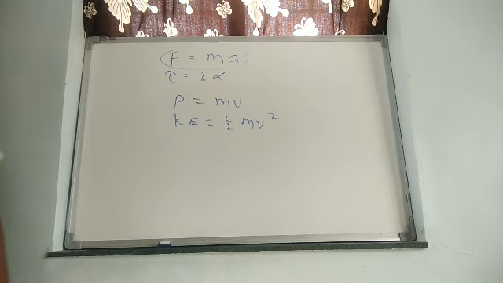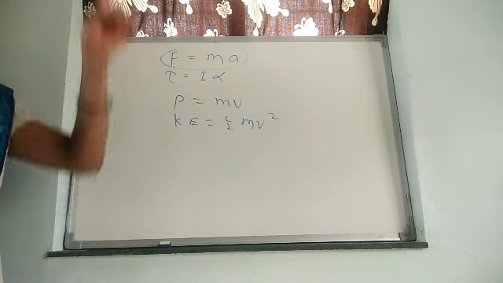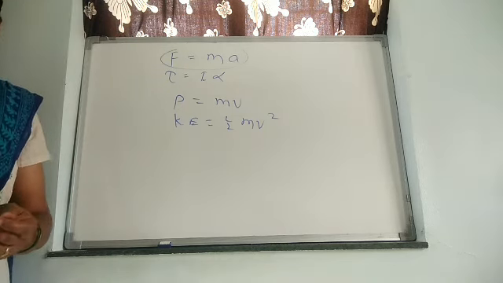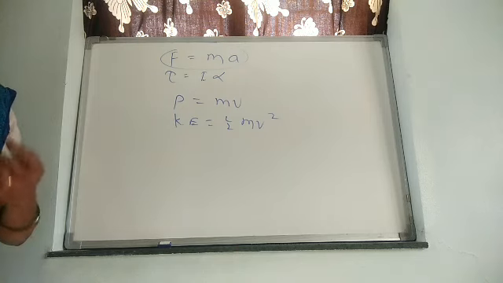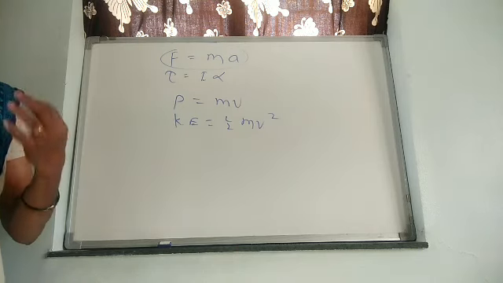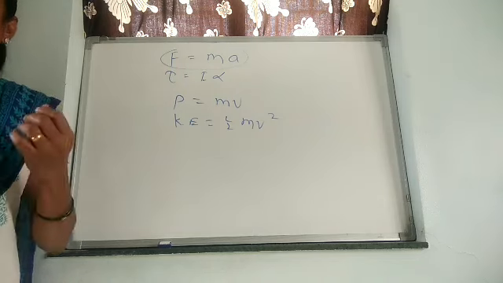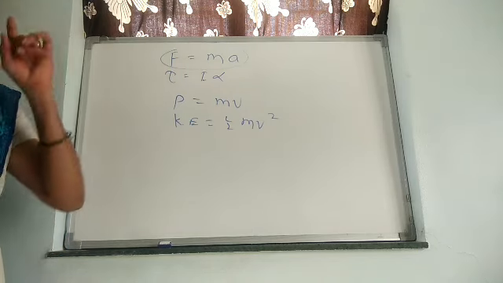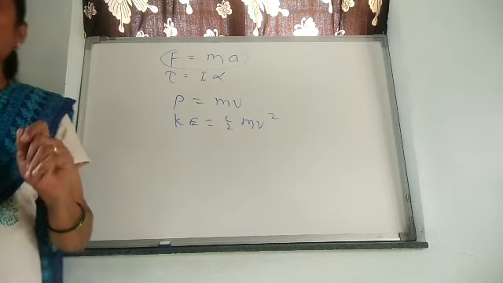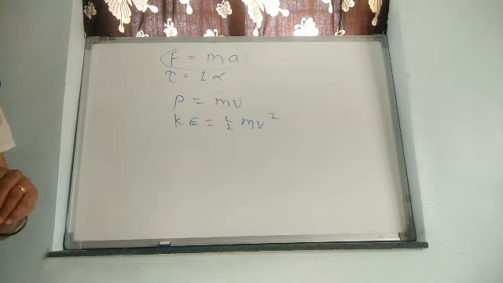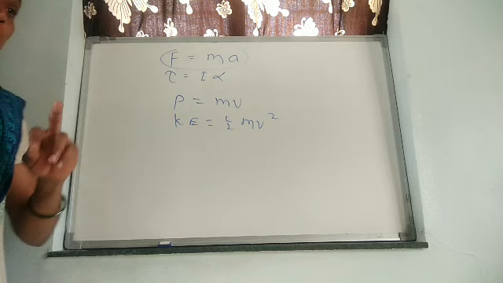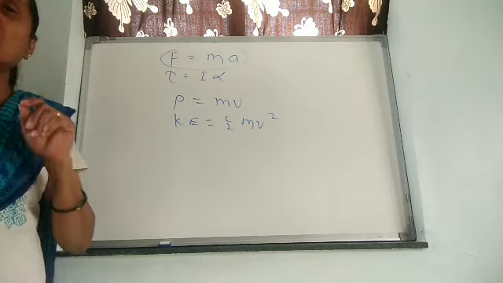Here, we know that when you open the door, the door rotates about its hinges. At that time, we give a certain angular displacement in order to open the door, and for that an effort has to be made. That depends not only upon the mass of the door but also upon the perpendicular distance from the axis of rotation, and that perpendicular distance is called the moment arm.